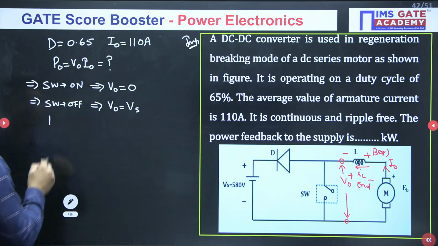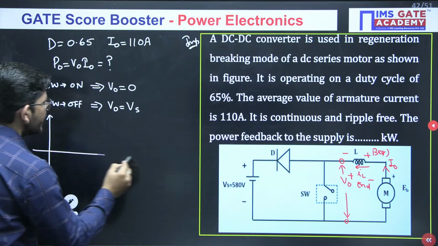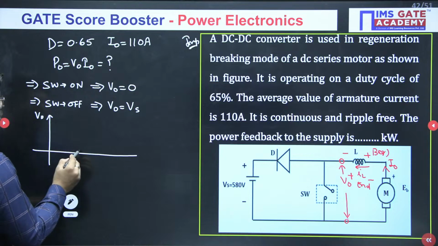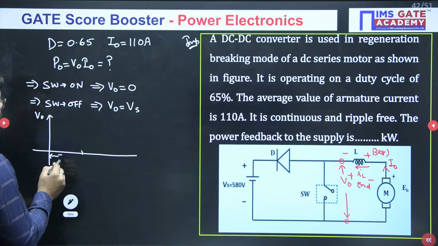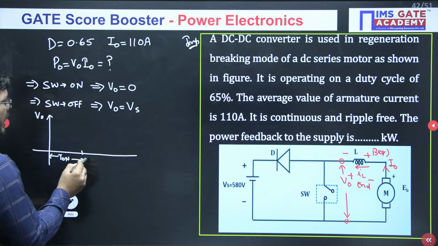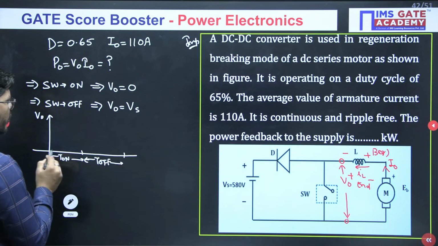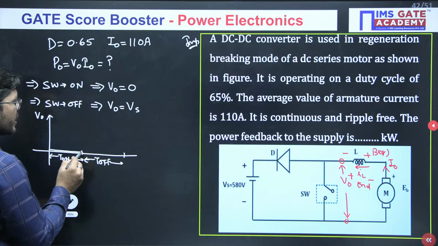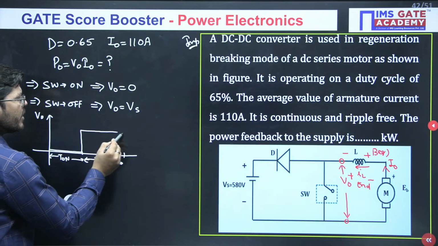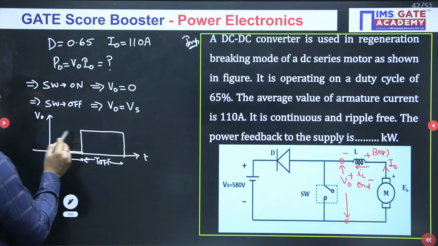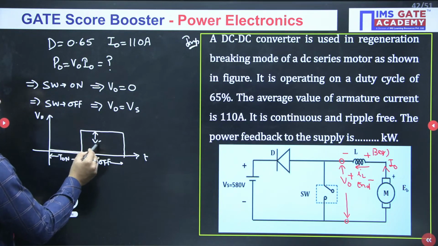So if I plot this output voltage, we are getting something like this, for the on time, and we have the off time as well. For the on time, we are getting 0 voltage.